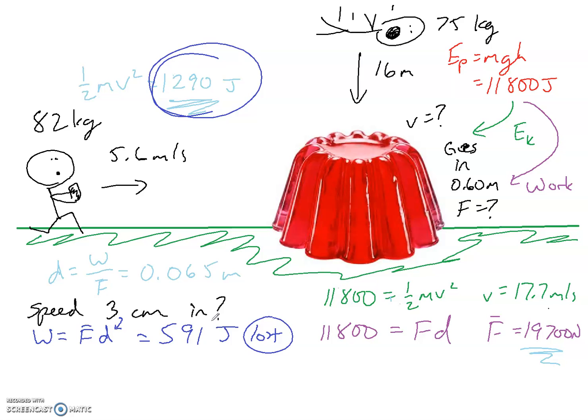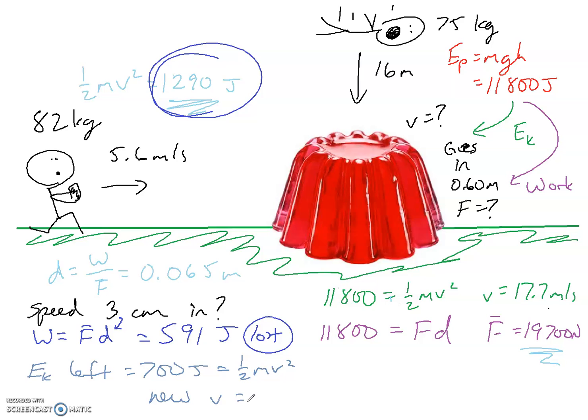Okay, so the remaining kinetic energy will be the difference between the two. So the kinetic energy that he has left is going to be the 1290 take away the 590, which is around, let's say, 700 joules. So he's got 700 joules of kinetic energy left. We can make that equal to 1/2 mv squared, and then we can just solve for the new v, and we can find out how fast he's going.